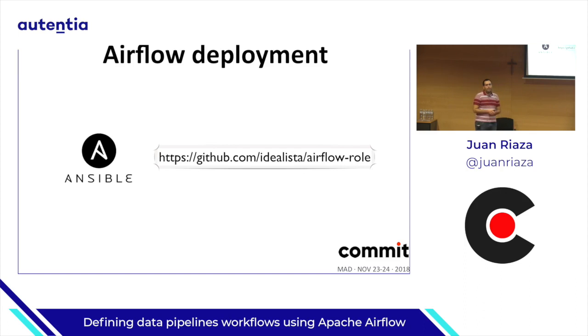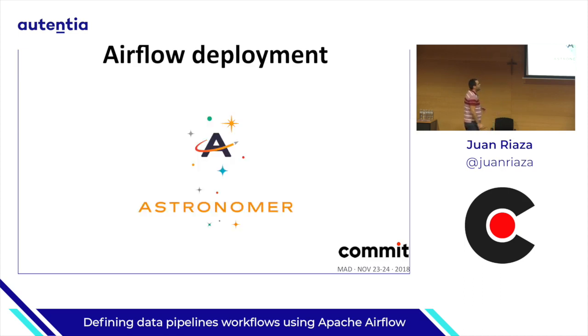So, how are we deploying Airflow? Well, we have a role at GitHub, and that's how we deploy Airflow at Idealista. We deploy it locally. But there are more options, such as Astronomer, which is, at this moment, the SaaS for using Airflow.